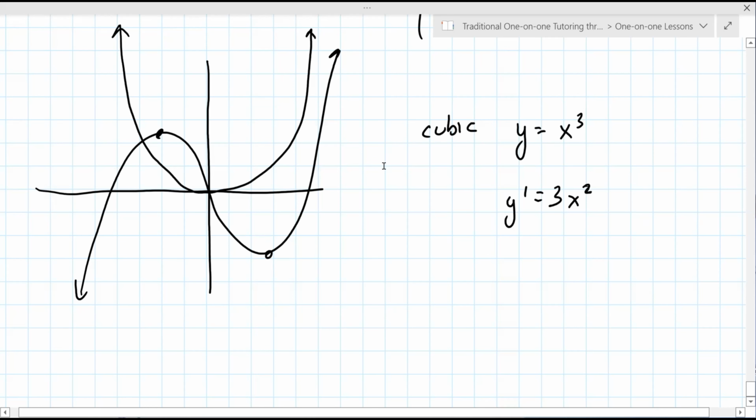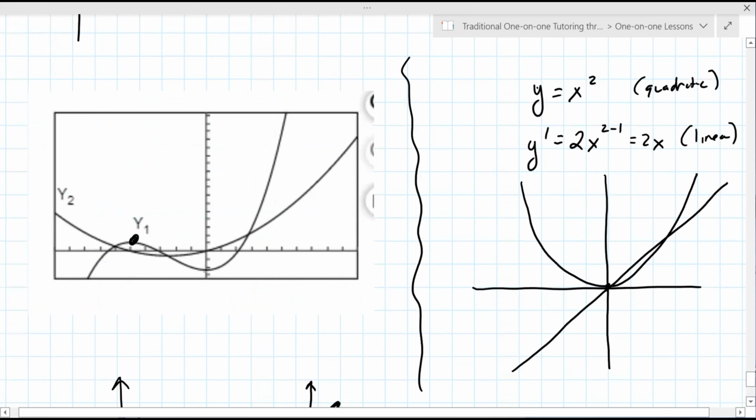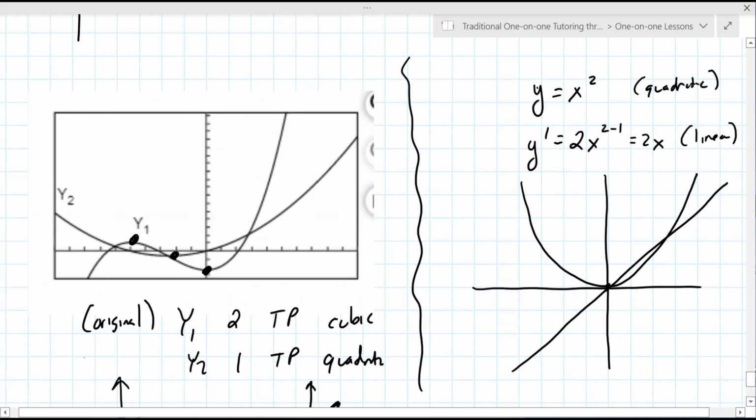So if you look at your graph, Y1 has two turning points, so you can think of it as maybe a cubic, but Y2 only has the one turning point. It looks like it's a quadratic. So Y1 is the original, and Y2 is the derivative. I'm trying to base that on this more generalized approach rather than just doing the graphing stuff that we did in the last problem.